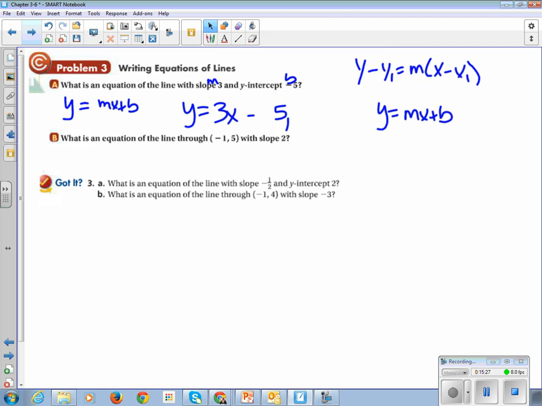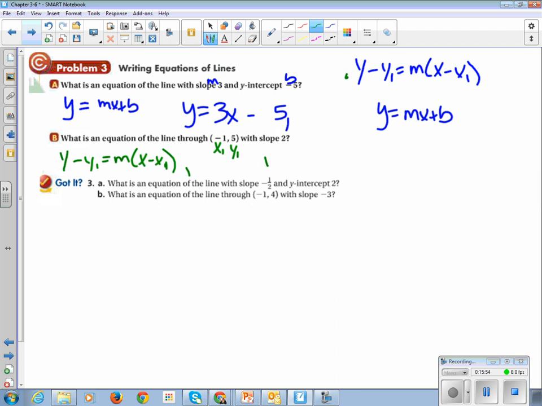All right. Question B says, what is the equation of a line through negative 1 comma 5 with slope 2? In this case, I'm given a point and a slope, so I'm going to use the point slope. So it's going to be y minus y1 equals slope times x minus x1. So this is x1 and y1, and slope is 2.